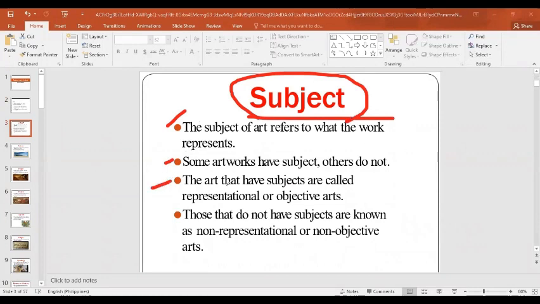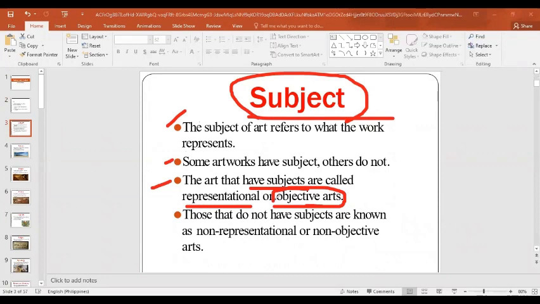The art that have subjects are called representational or objective arts. It depicts objects that are commonly recognized by most people. Pag sinabi nating objective arts, it uses form and concerned with what is to be depicted.